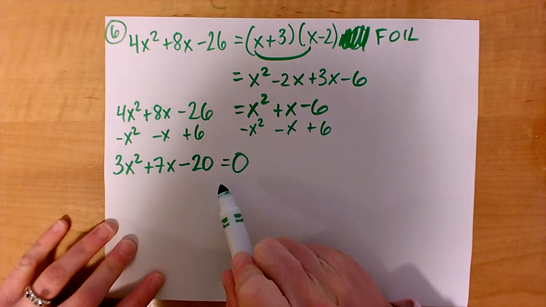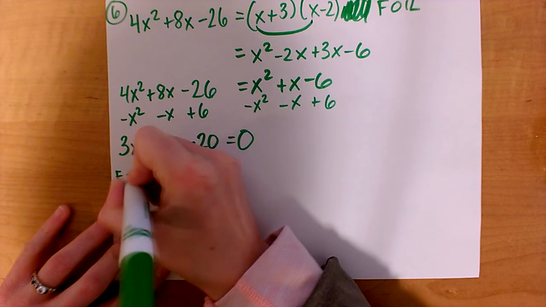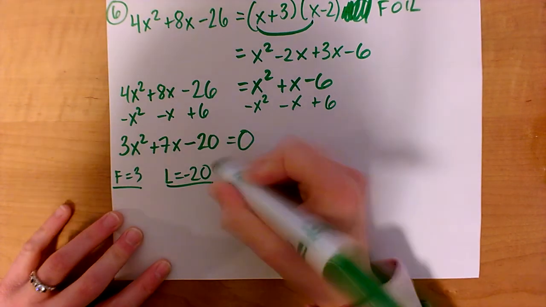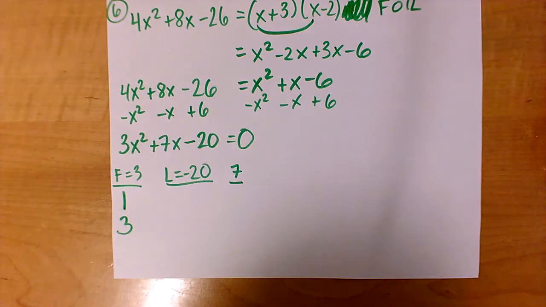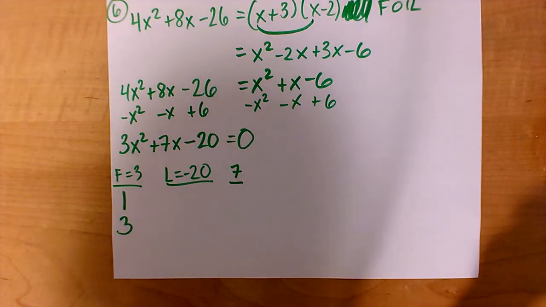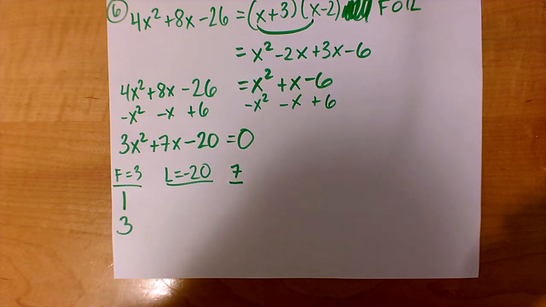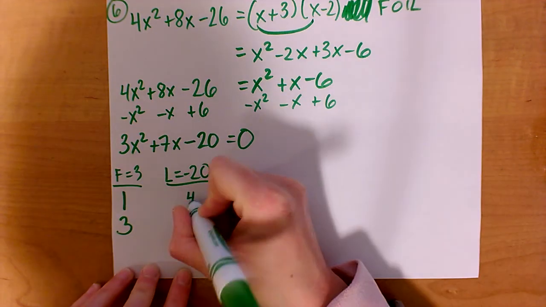So now we can factor this and solve this with first and last. First is 3, last is negative 20, and then in the middle we have 7. So I'll have 1 and 3. I need two factors of negative 20. Let's see. 4 and 5. Let's do a 4 and a 5.